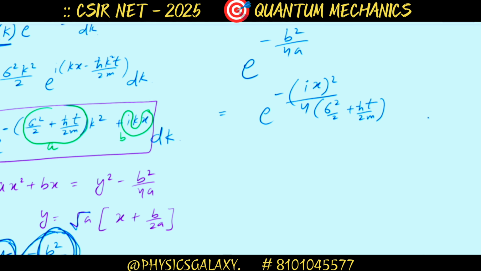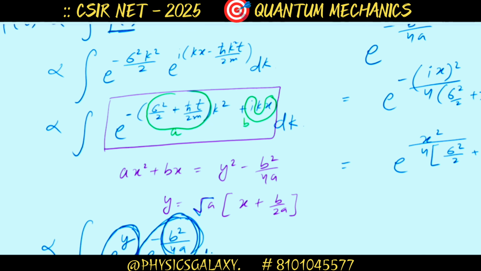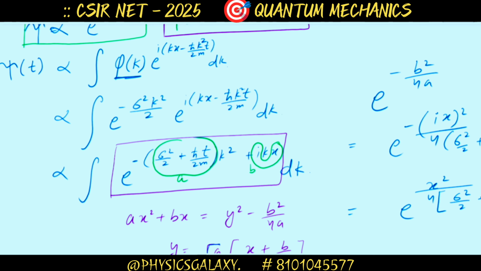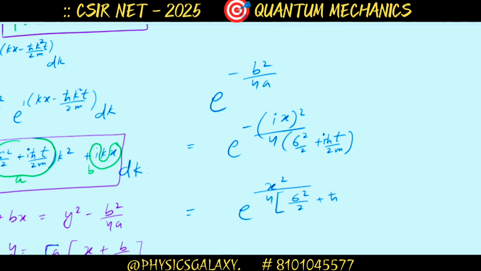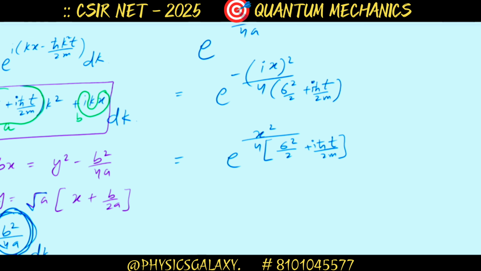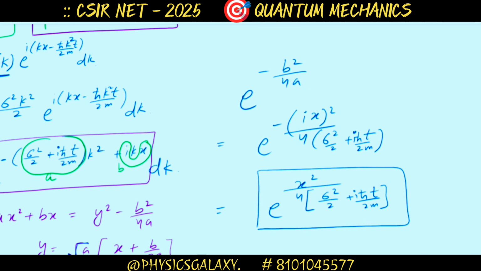So it will be e to the power x square by 4 times sigma square by 2 plus h cut, and there was iota also, so iota t by 2m. So this is the final exponential that we have.